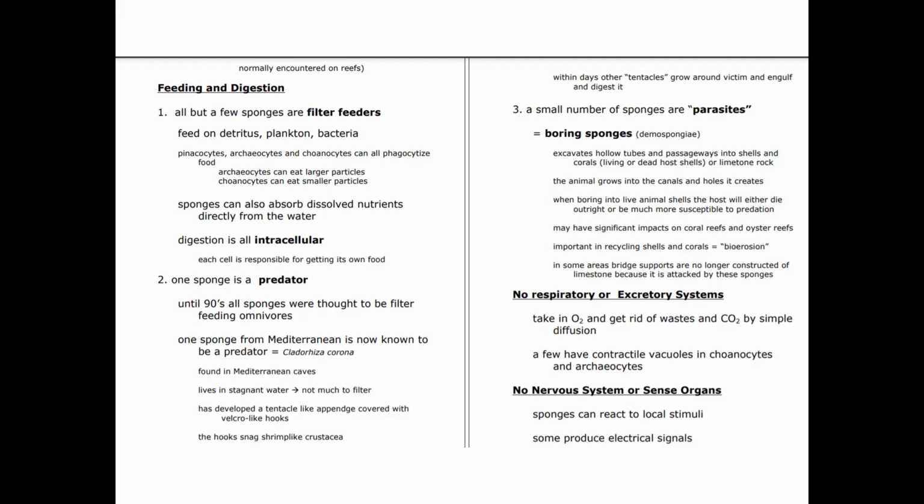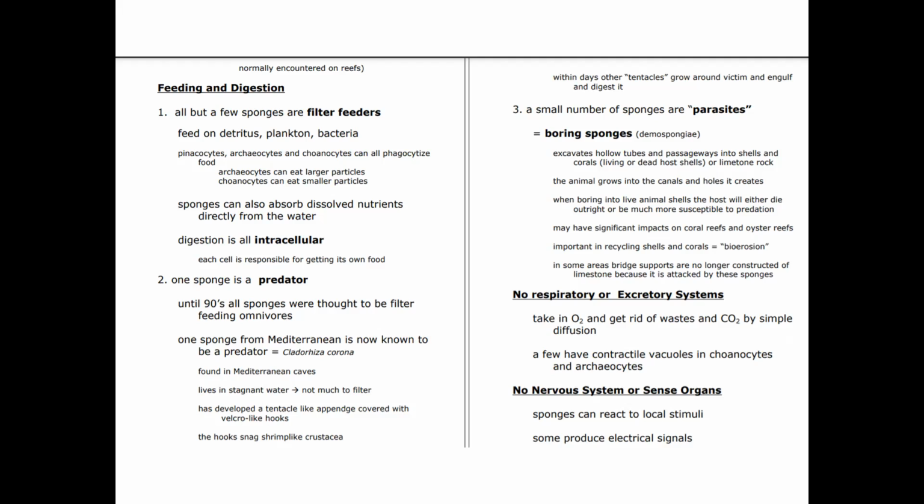A small number of sponges are parasites. Boring sponge, which belongs to the class Demospongiae, excavates hollow tubes and passages into the shells and corals, living or dead host, or the limestone rock. The animal grows into the canals and holes are created.